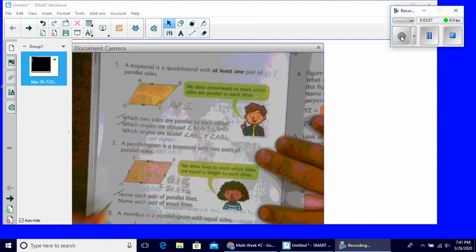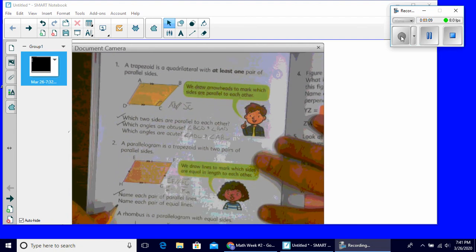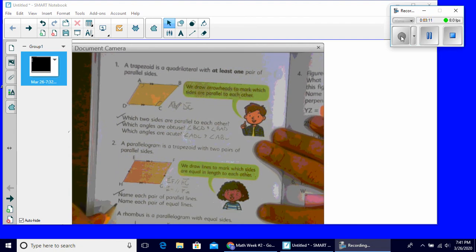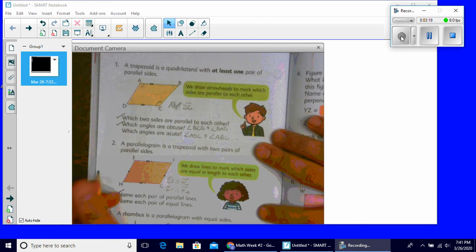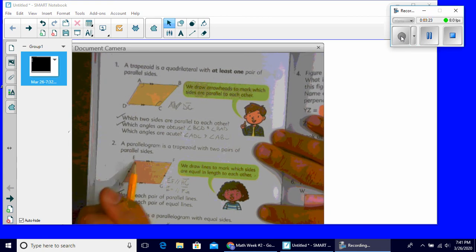Name each pair of equal lines. So we know that a parallelogram has opposite sides of equal length. So that means that lines EF and HG are equal, and we know that lines EH and FG are equal because a parallelogram has opposite sides of equal length.